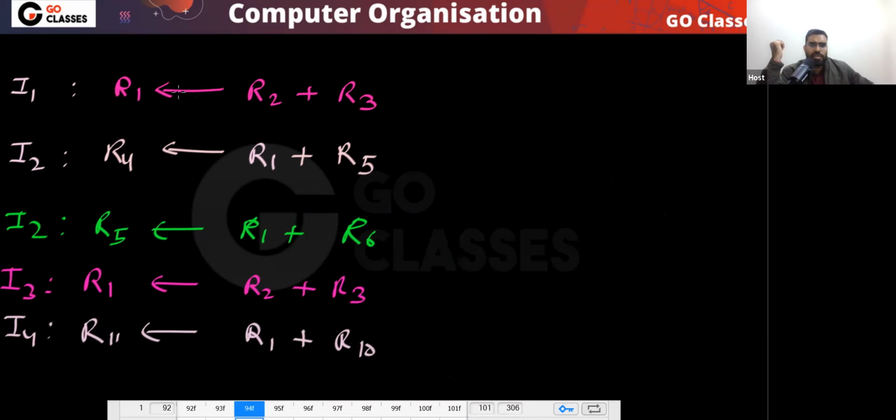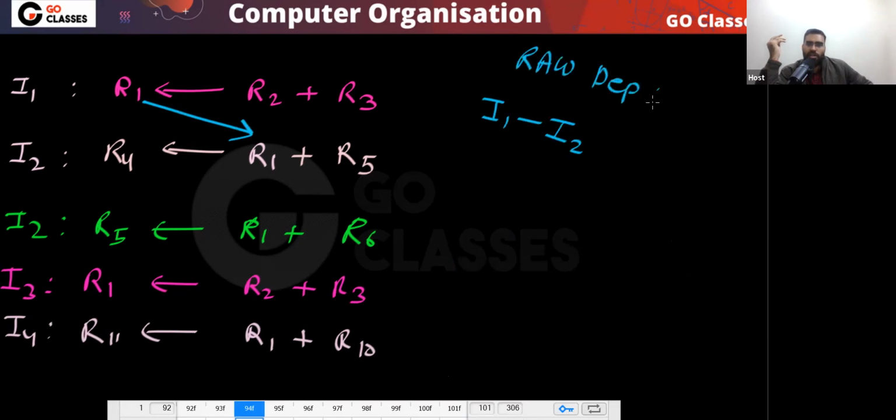So you can notice that in this program, this RAW dependency we have. I can say that between I1 and I2 there is a RAW dependency, because this read must happen after this write.